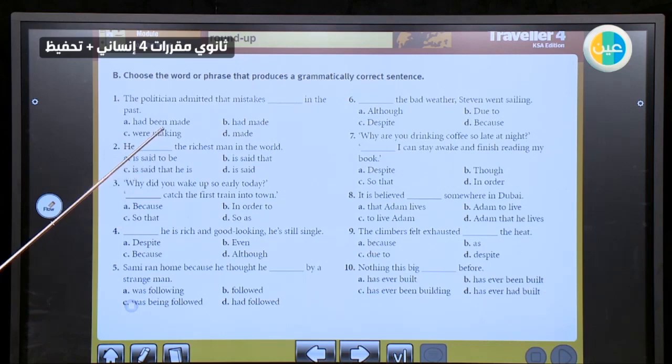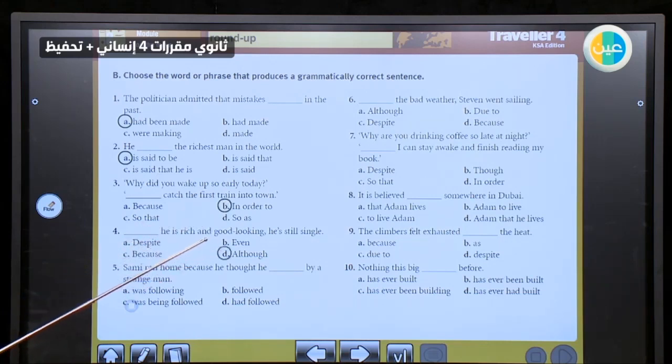Number one, it is had been made. They admitted that mistakes had been made. This is the that clause. Number two, he is said to be the richest man in the world. Said, this is say. We have changed it like this. Number three, why did you wake up so early today? In order to.